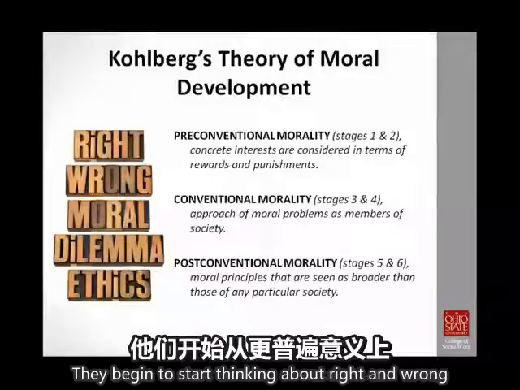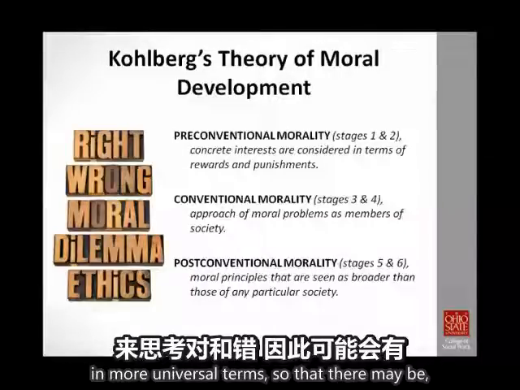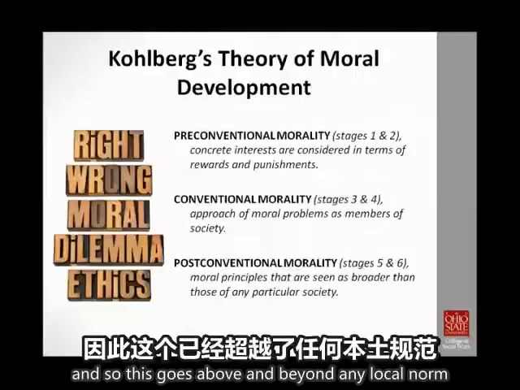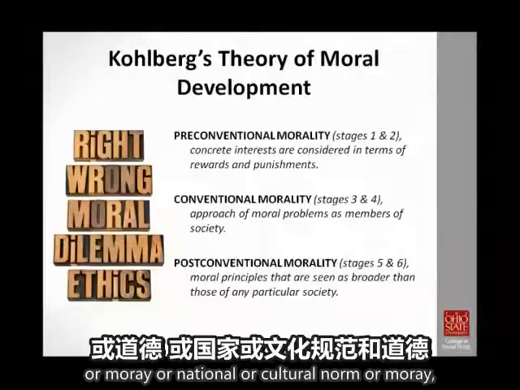They begin to start thinking about right and wrong in more universal terms. So that there may be, let's say, a universal principle of human rights. And so this goes above and beyond any local norm or mores or national or cultural norm or mores.